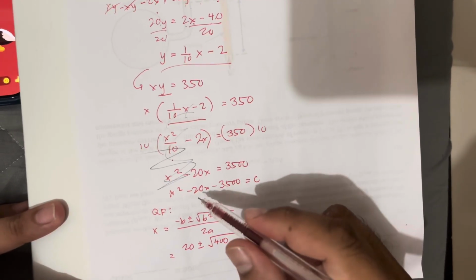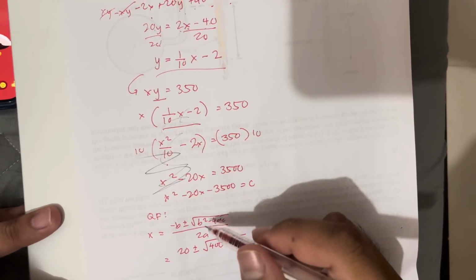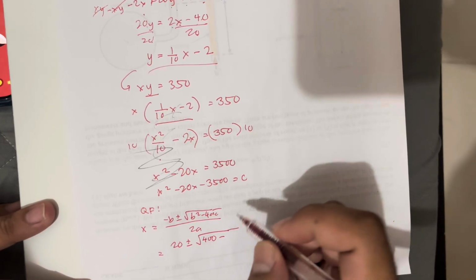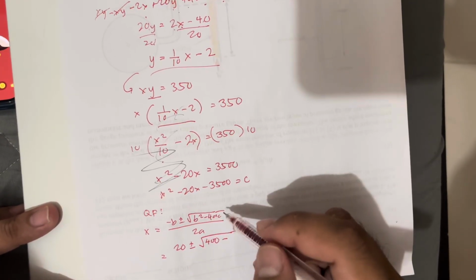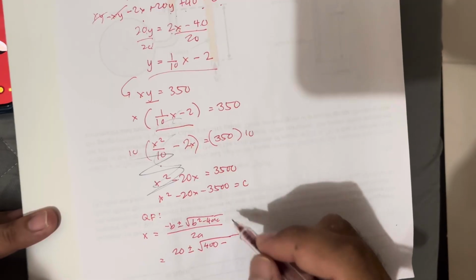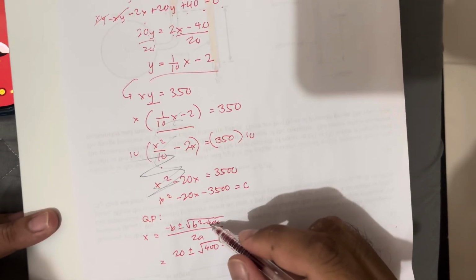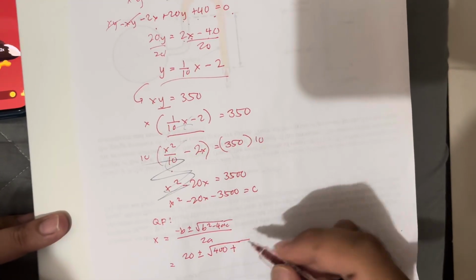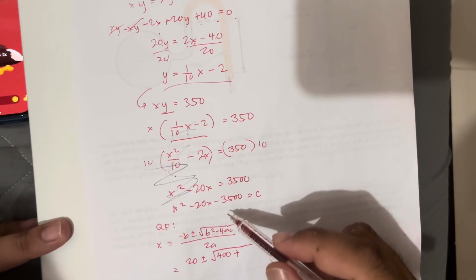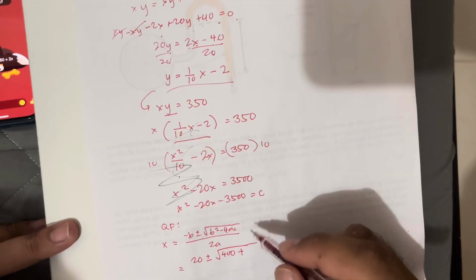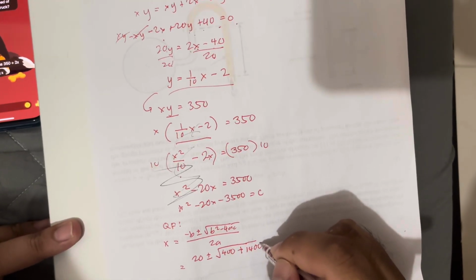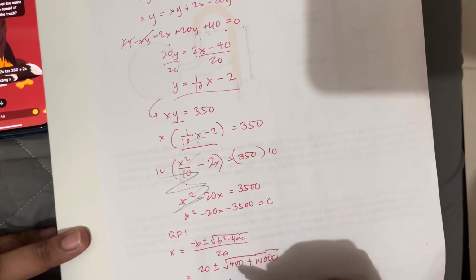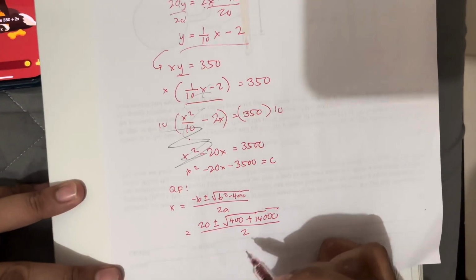Again, it will become positive kasi negative 20 times negative 20 is equal to 400. Minus 4 times a is just 1. C is negative 3,500. So, multiply na natin yung 4, 3,500. Negative times negative is positive. So, plus 3,500, 7,000. Double is 14,000. All over 2 times 1 is just 2.